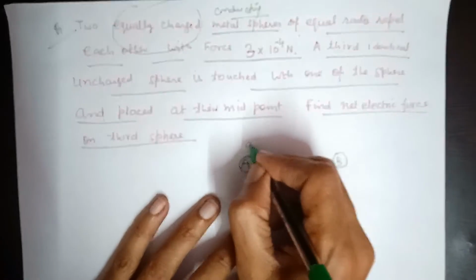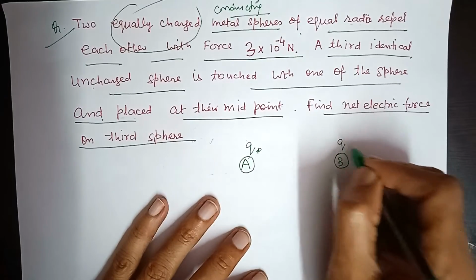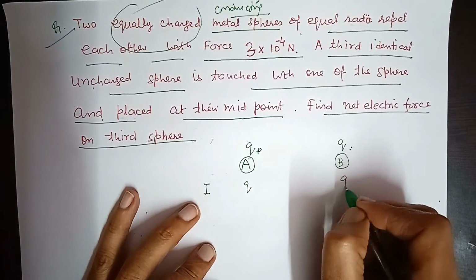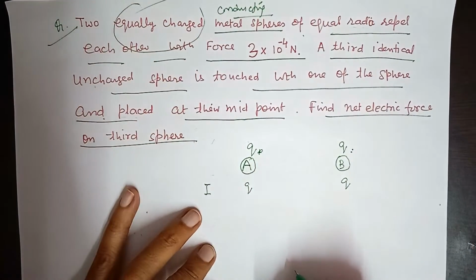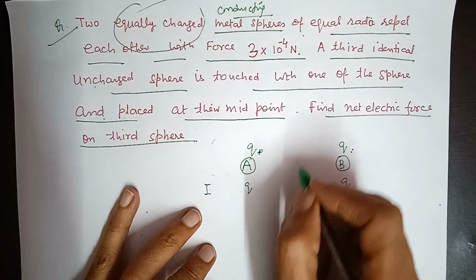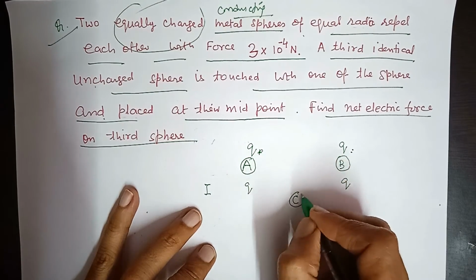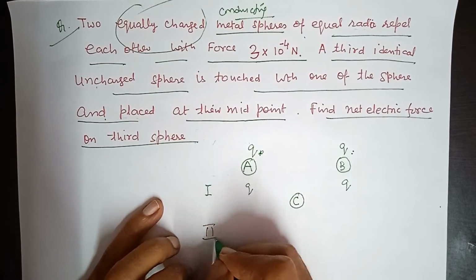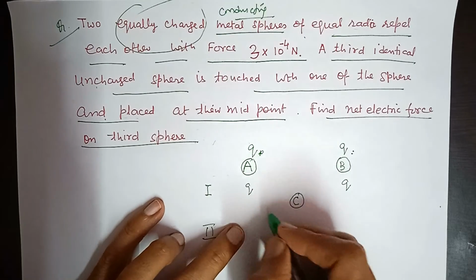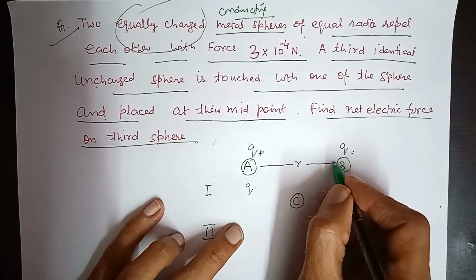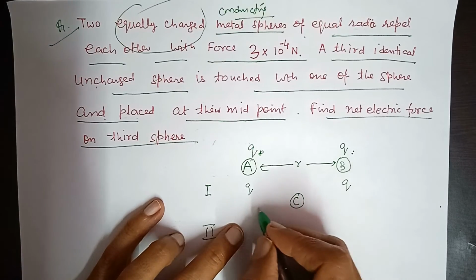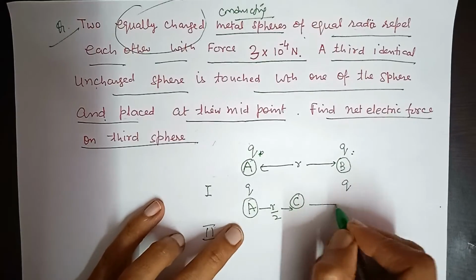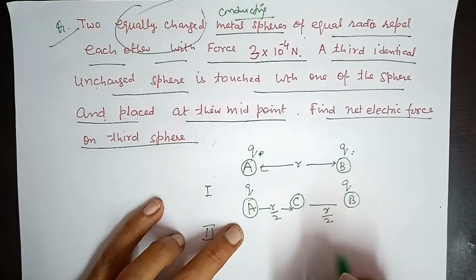So this will be charge Q and this will be charge Q. So in the first case this has charge Q and this has charge Q. Now a third sphere, let us say C, after touching A, in the second case, is placed at the midpoint. This distance is R, so this is R by 2 and this is R by 2.